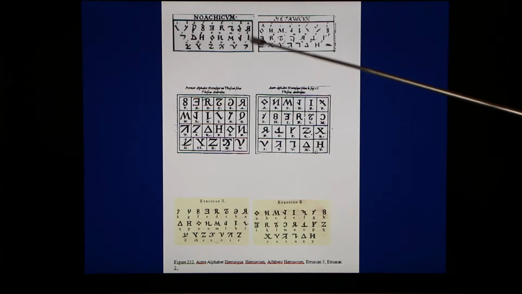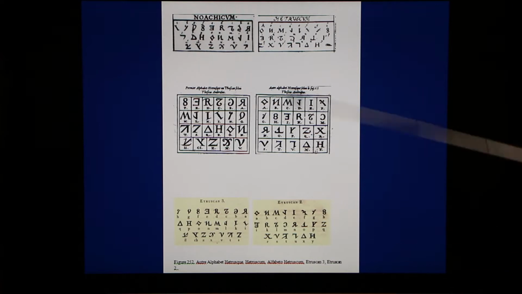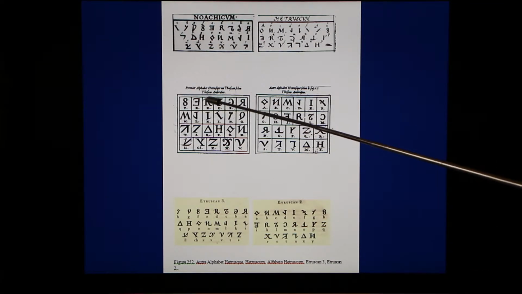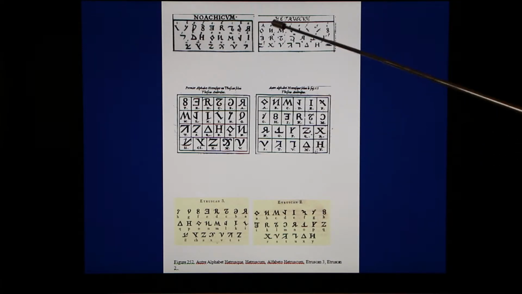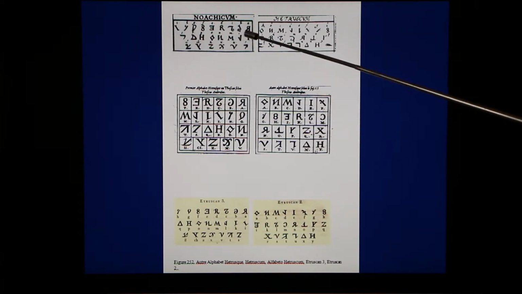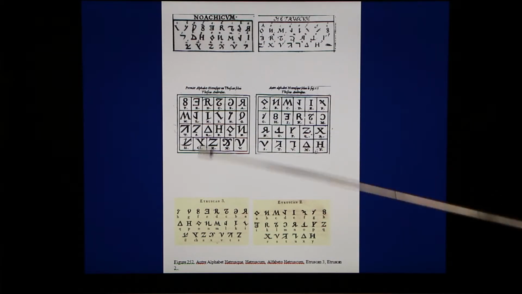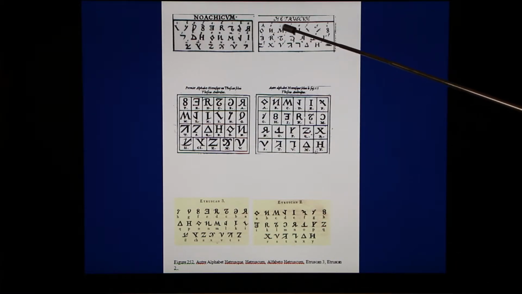Now, another one of the great Old Testament figures is called Noah, Noachicum. Well, and this is the first alphabet of the Etruscans. Ladies and gentlemen, I submit to you that Noah and the Etruscans must have met. And here is Hetruscum, and this is another alphabet, so the second alphabet of the Etruscans.